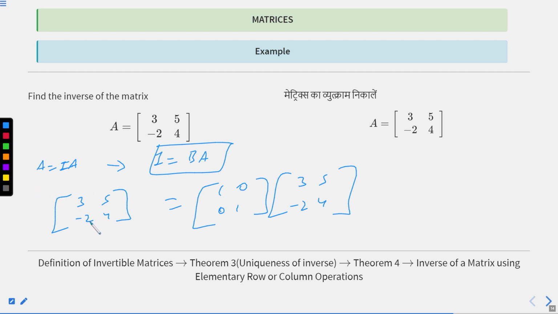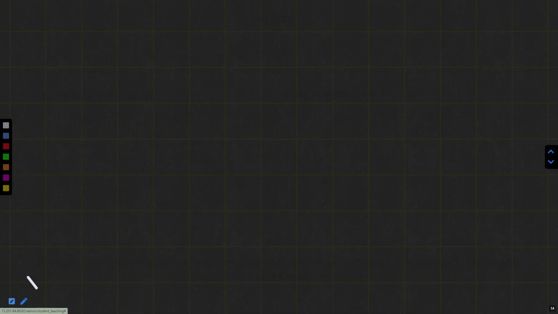So how are we going to change it? Quite simple. Let me reduce this to the simplest form through which you can easily find the inverse. Always make your augmented matrix like this.